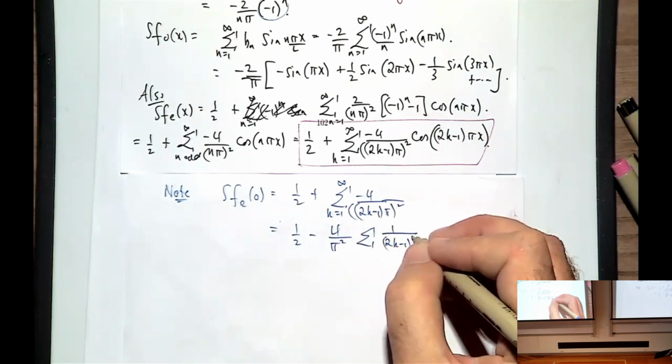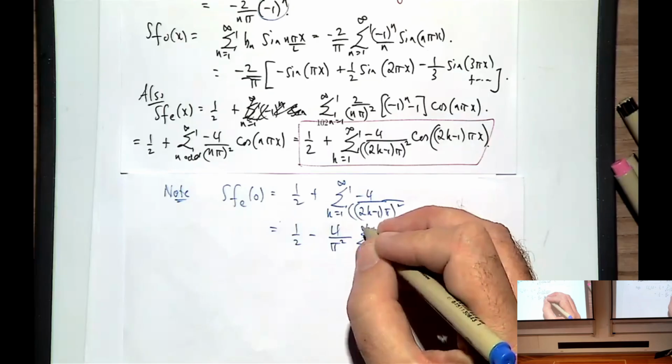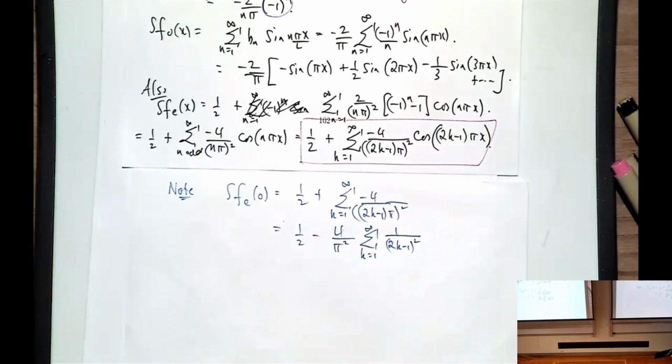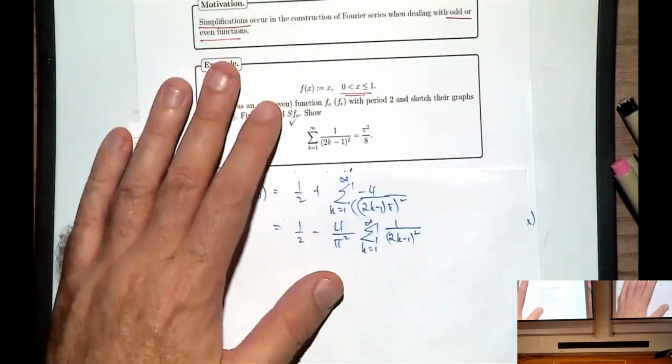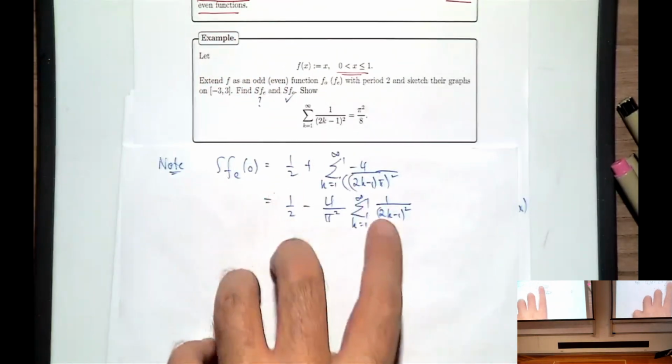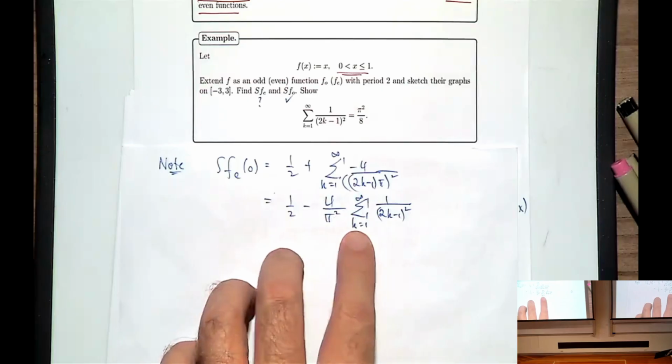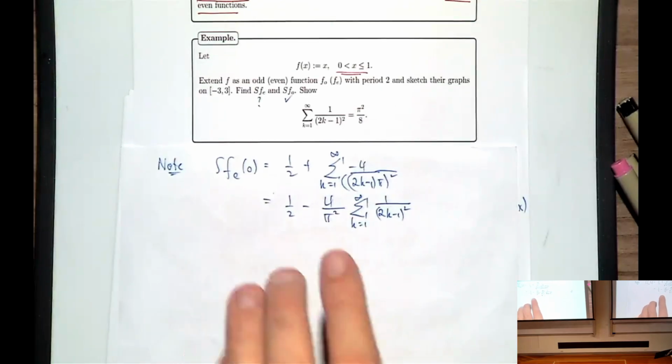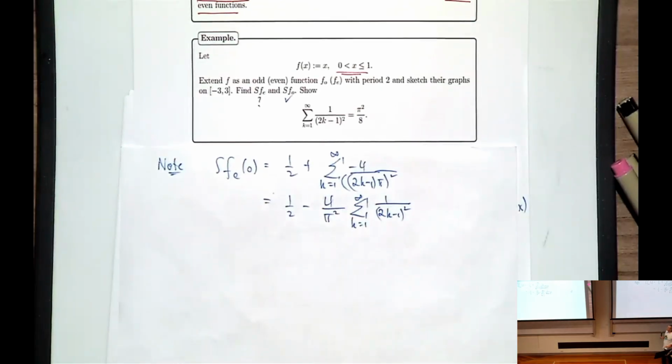Okay, so I've kind of got what I was hoping for there, but I want to set this equal to something because I want to show that it's pi squared on 8. So how can I do that?